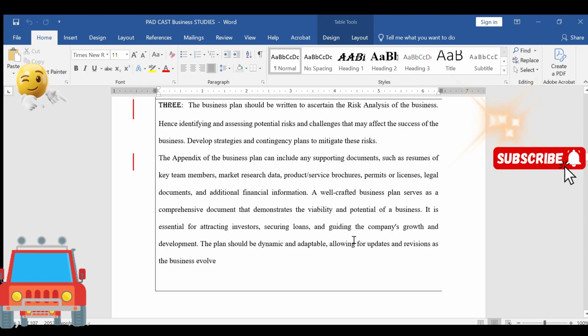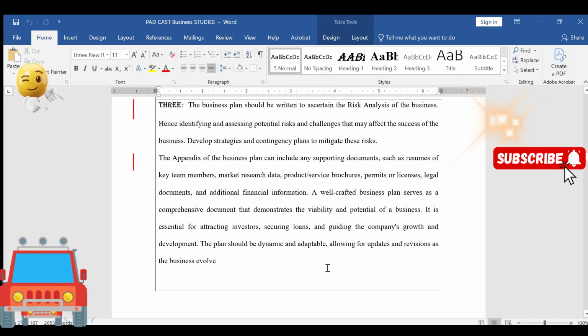So we have to put supporting documents such as resumes of key team members, market research data, product or service permits or licenses, legal documents, and additional financial information. A well-crafted business plan serves as a comprehensive document that demonstrates the viability and potential of a business.